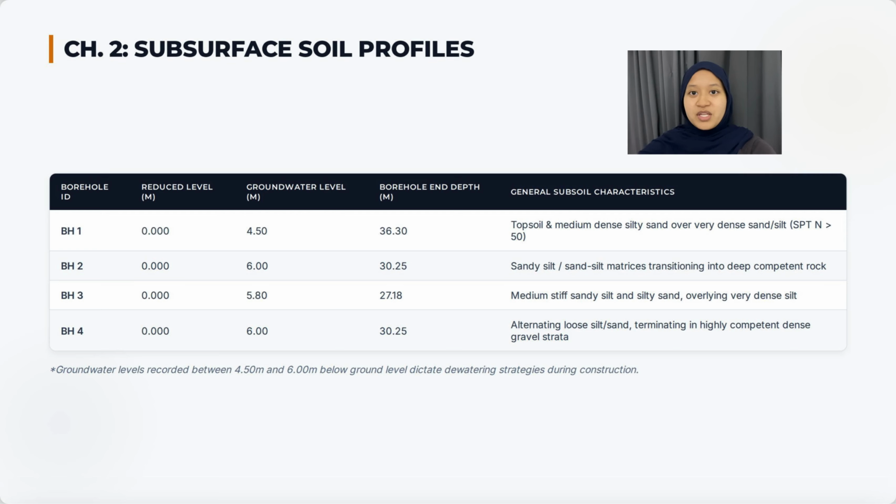The soil consists of medium stiff sandy silt and silty sand underlain by very dense silt. And lastly, for borehole 4, the soil consists of alternating loose silt and sand layers before reaching dense gravel strata. This means the upper layer may be weaker, but the deeper layer is more competent and stable. However, the presence of groundwater and loose upper layer must be considered during foundation and excavation works.